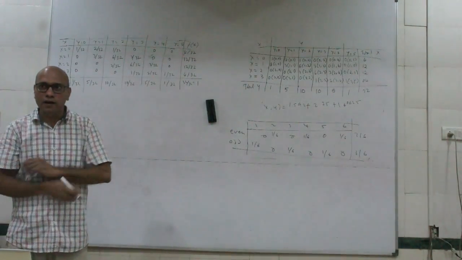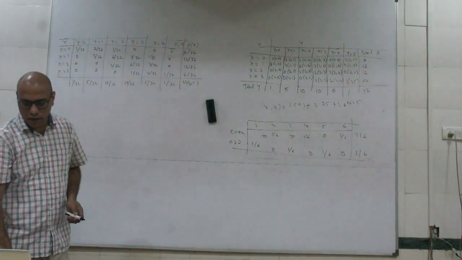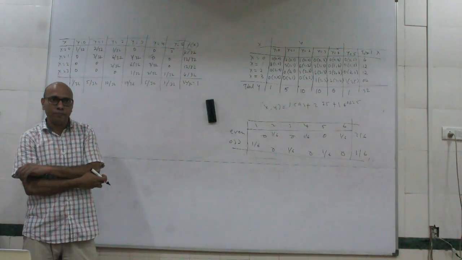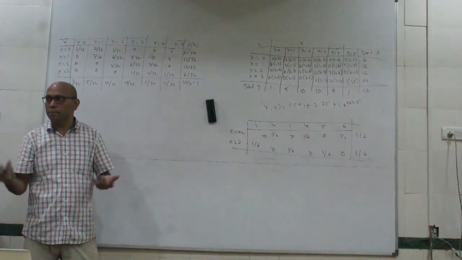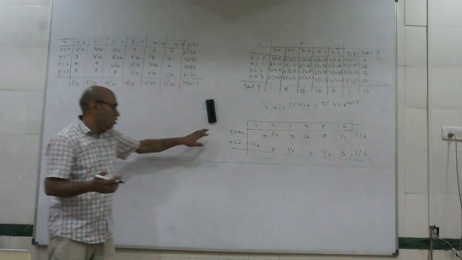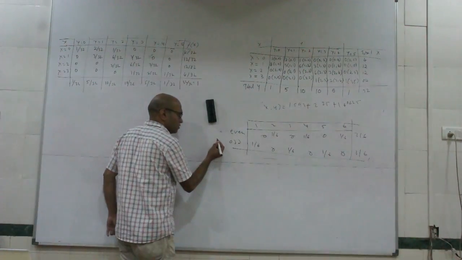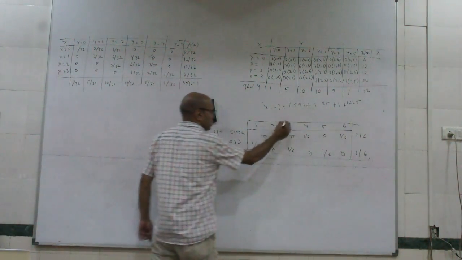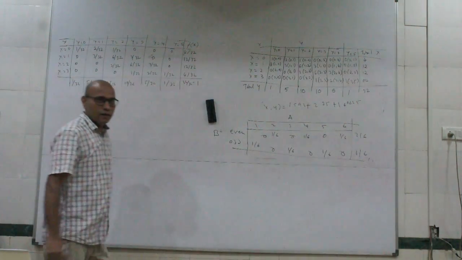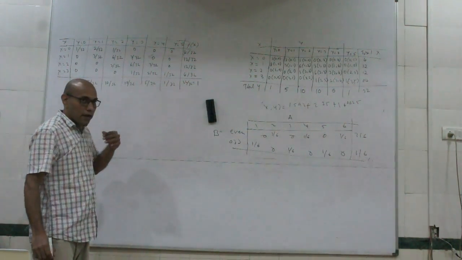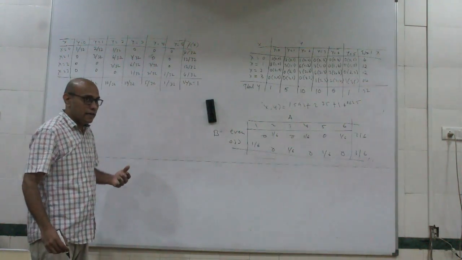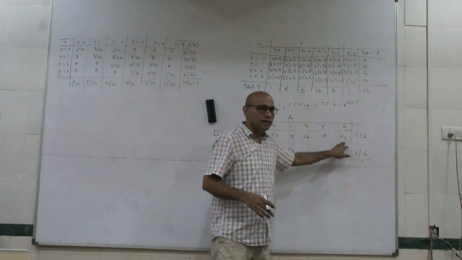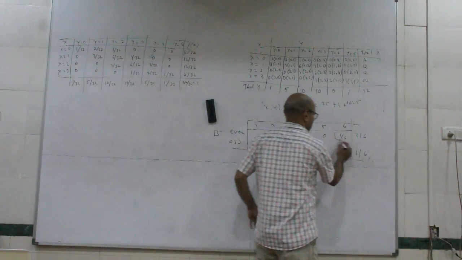Now, I am interested in asking a question. I call the even-or-odd variable B, and this one I call A. If I roll a die, what is the probability that I get 6? 1 by 6.